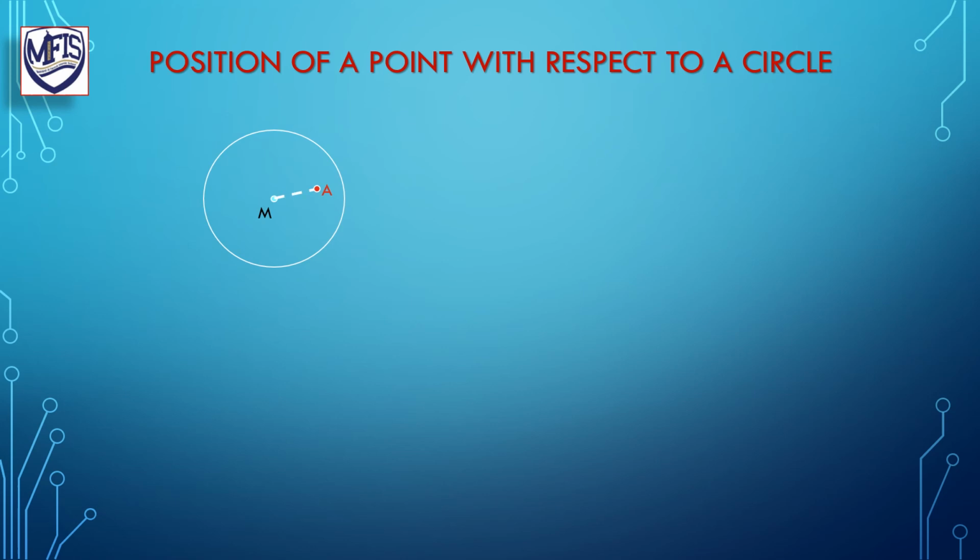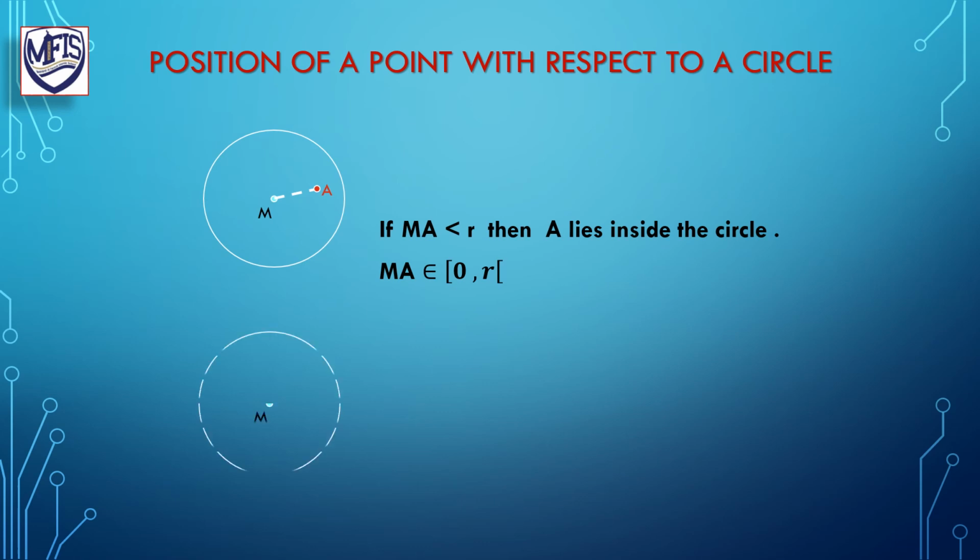If MA is less than the radius, then A lies inside the circle, when MA is less than R. That means MA belongs to [0, R). 0 closed, that means 0 is included, and R open.